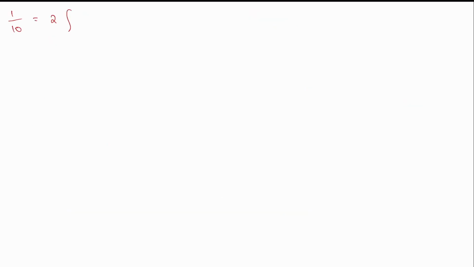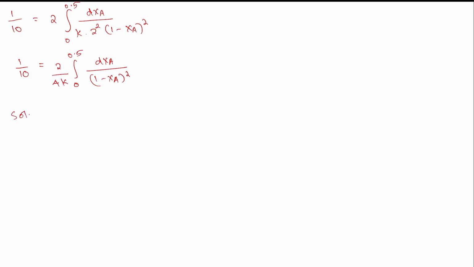So 1 by 10 is equal to Ca0, which is 2, into the integral from 0 to xa, which is 0 to 0.5, of dxa by k into 2 square into (1 minus xa) the whole square. Now all we have to do is expand and simplify this equation and solve it to find the unknown, which is k.